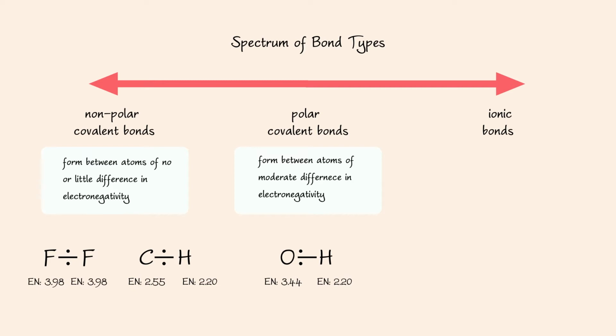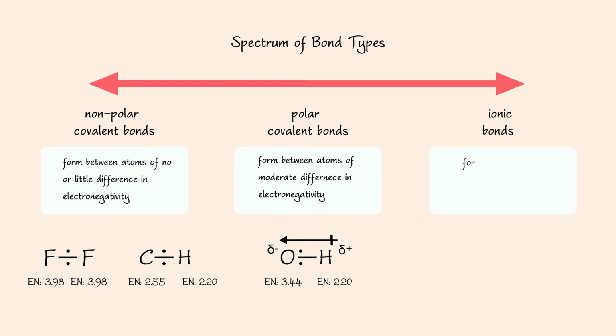We signify this with an arrow directed toward the oxygen and a tick mark at the hydrogen. Because of unequal sharing of electrons, the oxygen is partially negative, denoted by a delta negative sign, and the hydrogen is partially positive, denoted by a delta positive sign.